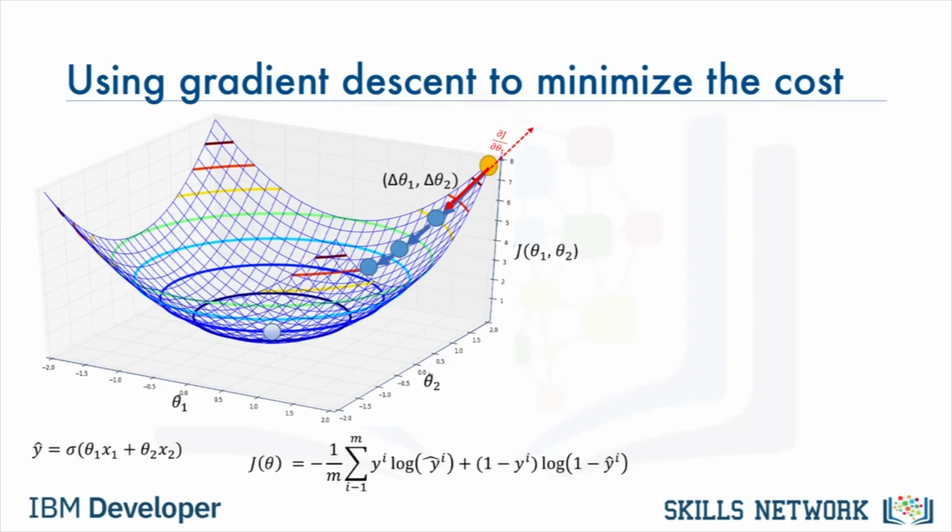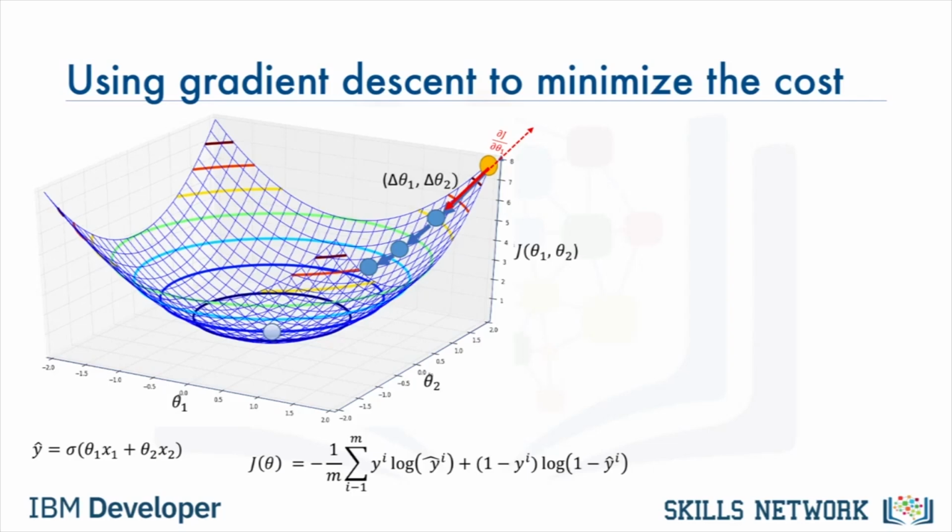For example, if we calculate the derivative of J with respect to theta 1, we find out that it is a positive number. This indicates that the function is increasing as theta 1 increases. So, to decrease J, we should move in the opposite direction. This means to move in the direction of the negative derivative for theta 1, i.e., slope.